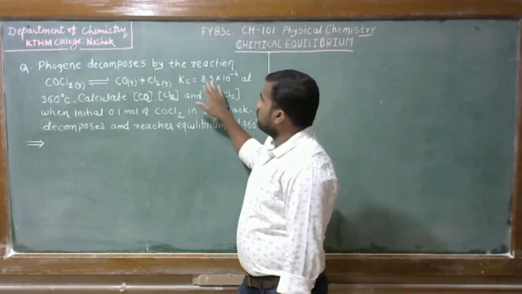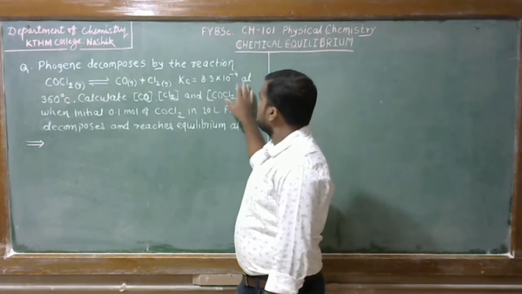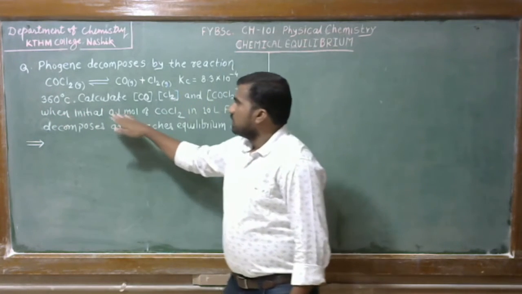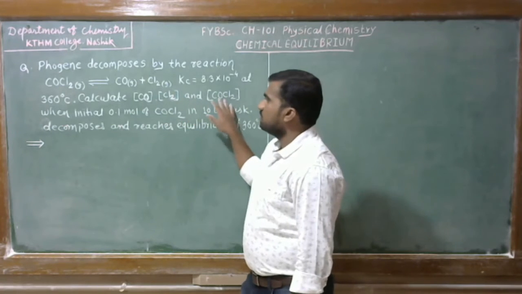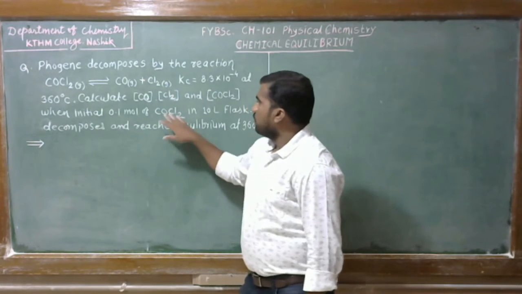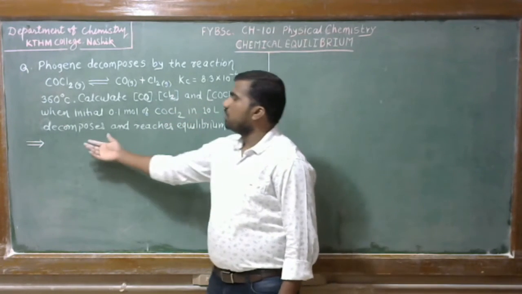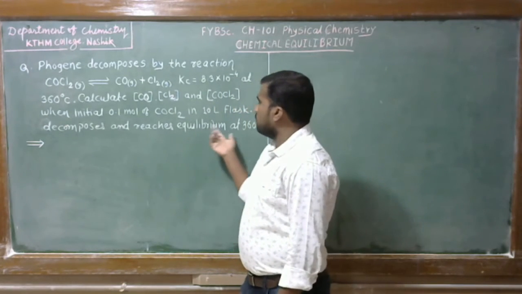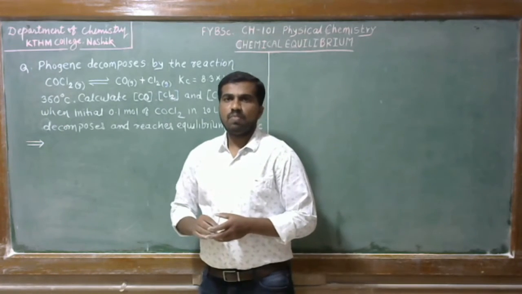Kc is equal to 8.3 into 10 raised to power minus 4 at 360 degree Celsius. Calculate the equilibrium concentrations when initially 0.1 mole of phosgene gas in a 10 liter flask decomposes and reaches equilibrium at 360 degree Celsius.